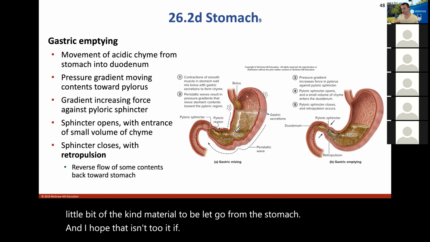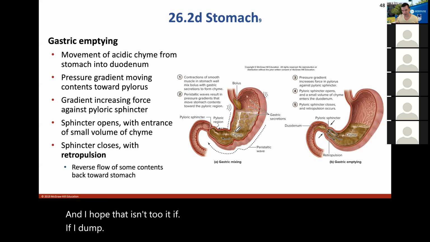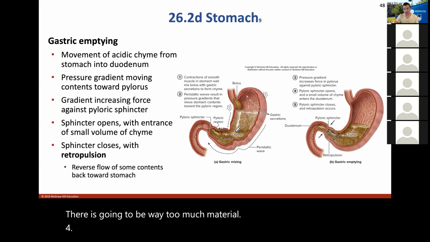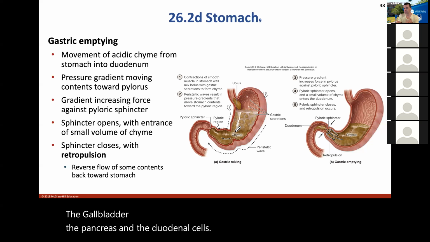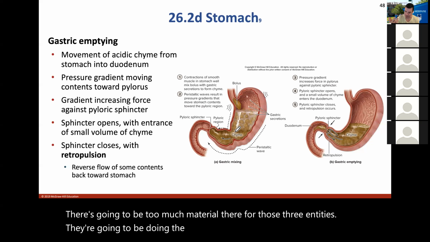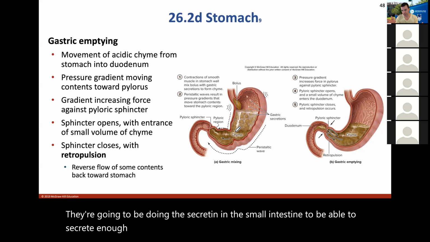If I dump all of the chyme material out at one time, there is going to be way too much material for the gallbladder, the pancreas, and the duodenal cells. There's going to be too much material there for those three entities that are doing the secreting in the small intestine to be able to secrete enough to absorb enough.